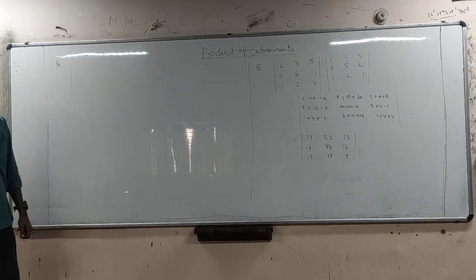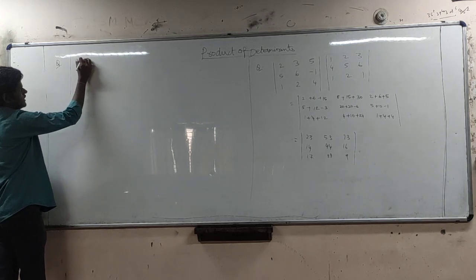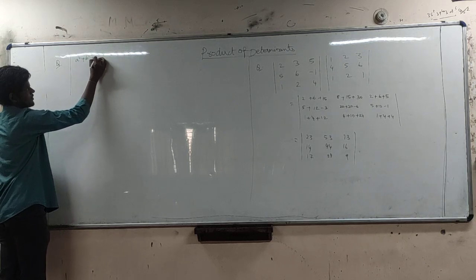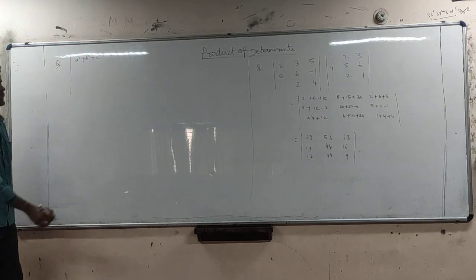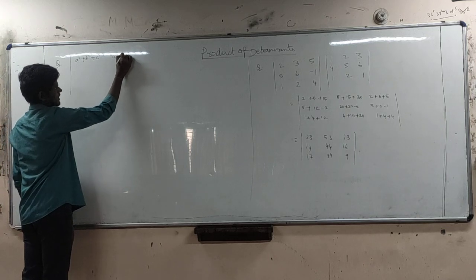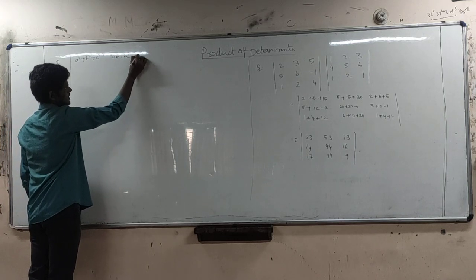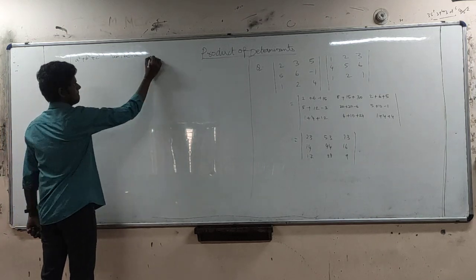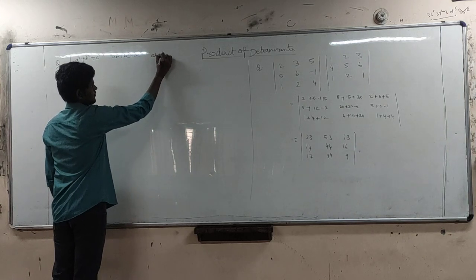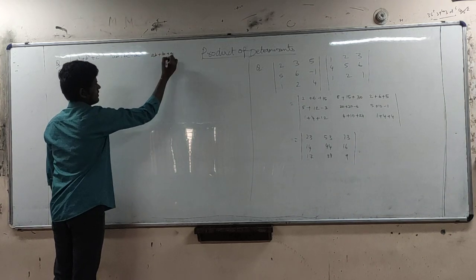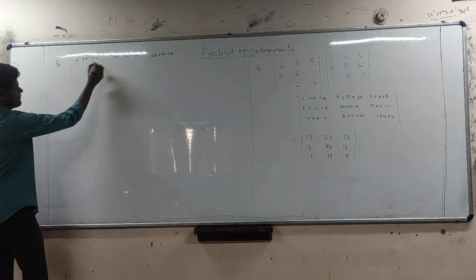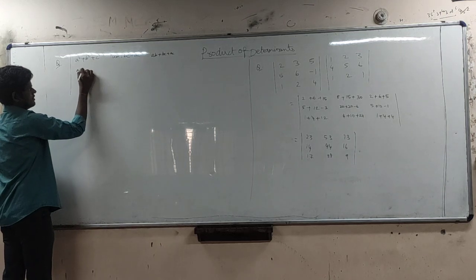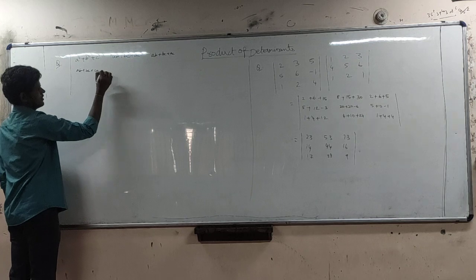Writing a determinant now. A square plus b square plus c square, ab plus bc plus ac, ab plus bc plus ac. Just symmetry.